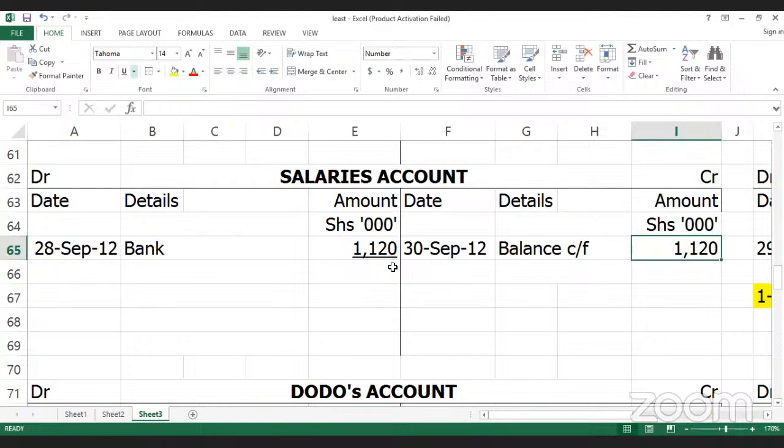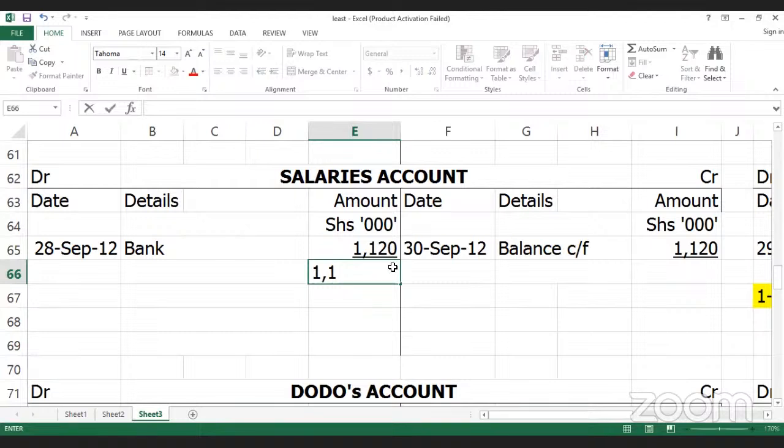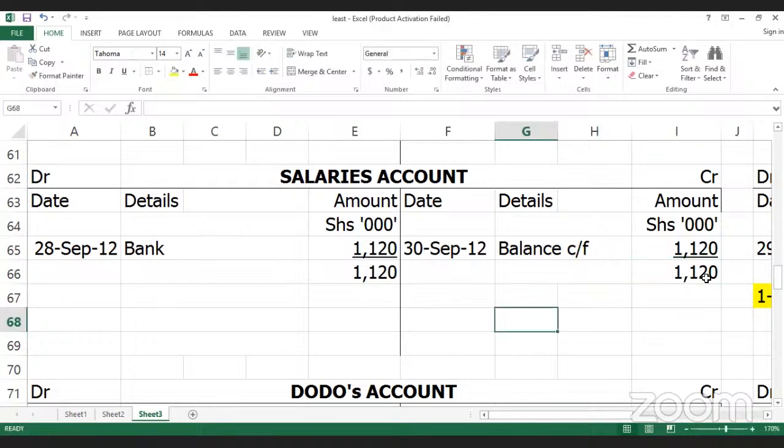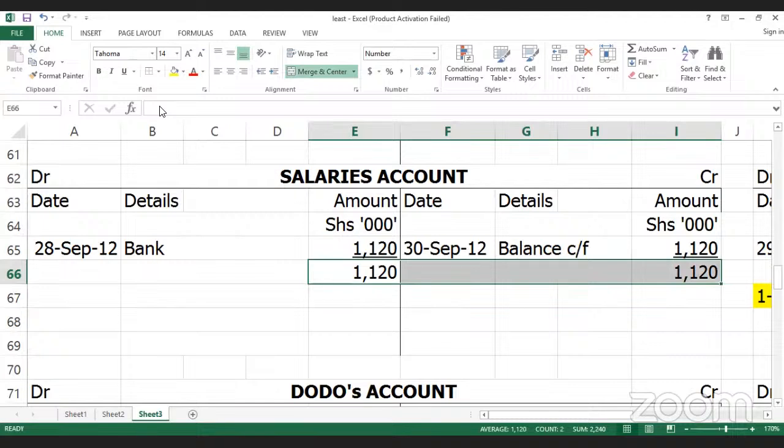Don't forget totals should be on the same level.